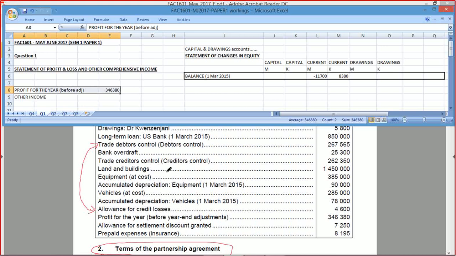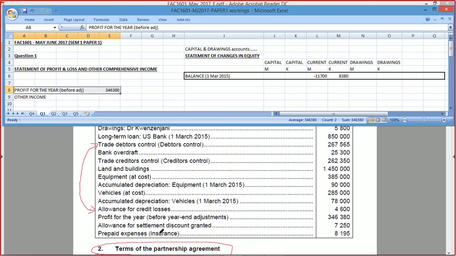Earlier we spoke about an allowance for credit losses. That's a future expense that's going to arise. Here, you've got a future expense that's going to arise. Discount granted is an expense because it gets taken off your asset. Okay, so am I going to show this? Not for this question.